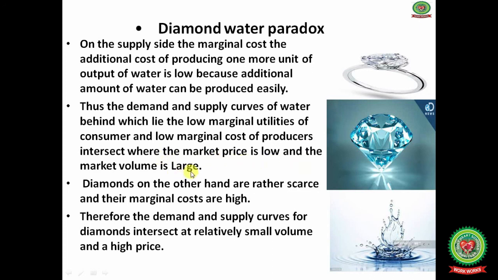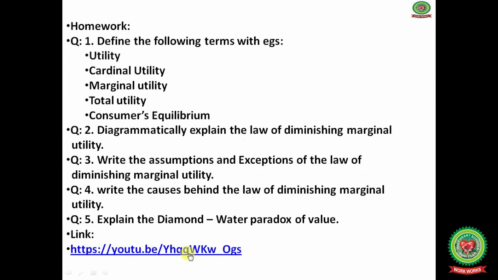Thus, the demand and supply curves of water, behind which lie the low marginal utility of consumers and low marginal cost of producers, intersect where the market price is low and the market volume is large.